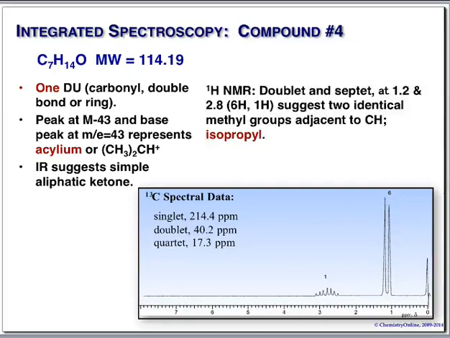Our C13, we have a singlet at 214. That is a ketone carbonyl. Remember, if it was an aldehyde, it would be a doublet. So it's a ketone carbonyl. We have a doublet and a quartet, so this is a CH and a CH3.